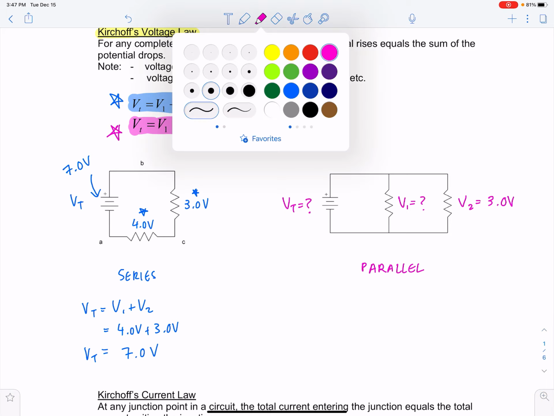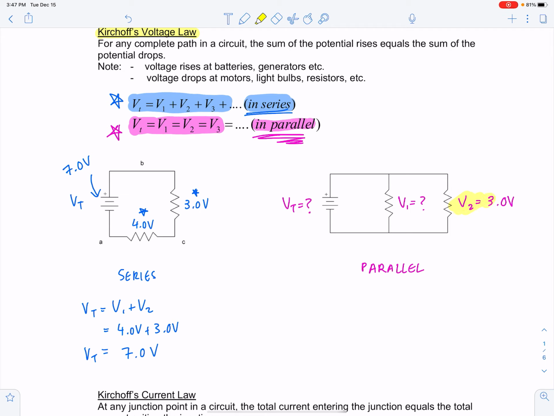So since I know that the voltage at this resistor is 3 volts, then I know all of the voltages. So the total voltage is equal to V1 is equal to V2 is equal to 3 volts. And if you added more branches, the total voltage would not change. Your voltage at each one of those new branches would also be 3 volts.